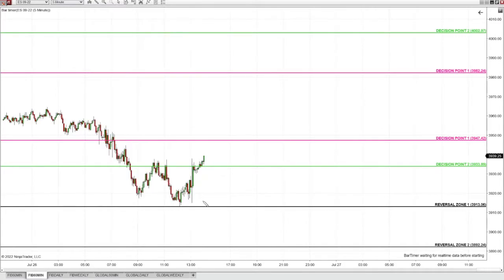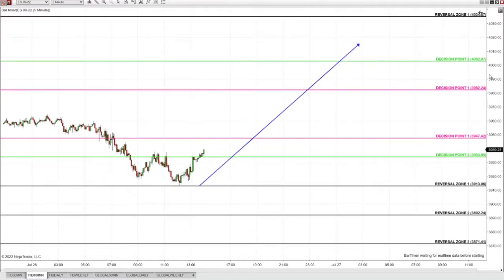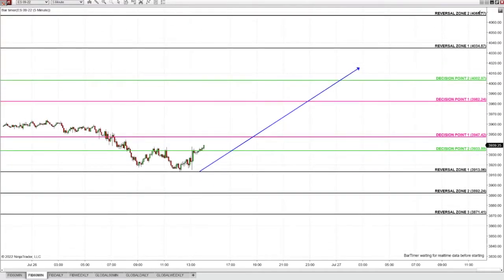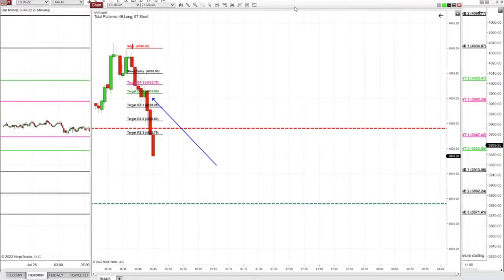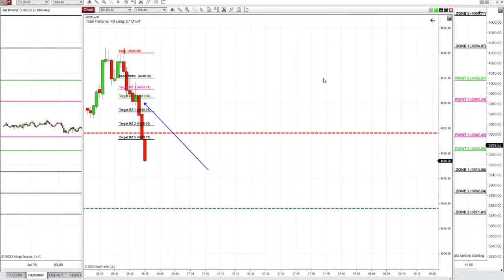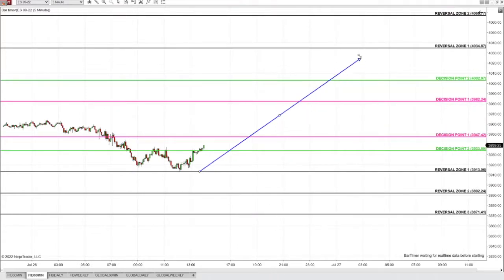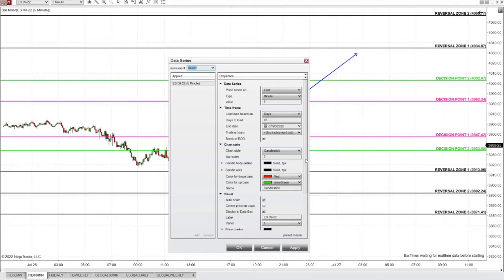And you know many days in advance where price is heading next. And when price reaches the reversal zone, this is not the place to buy. Not at all. That's the power of the Alpha Fibonacci system.